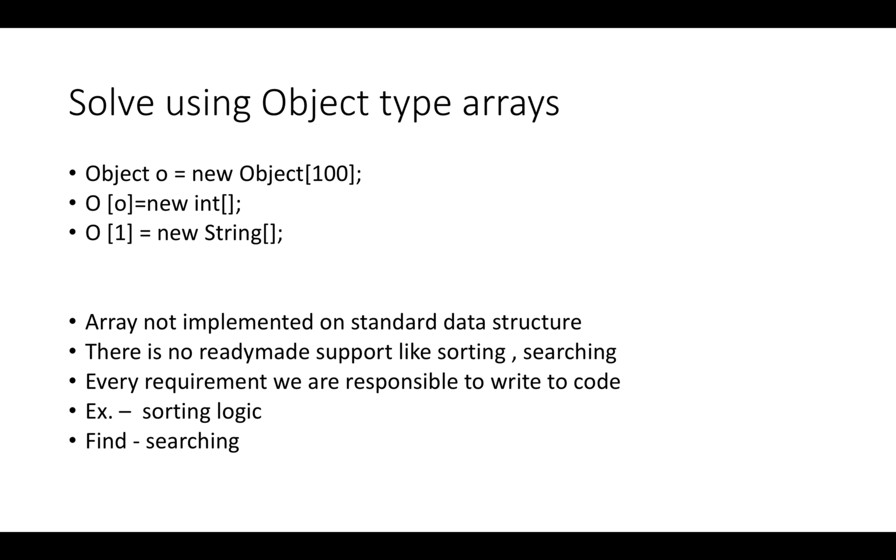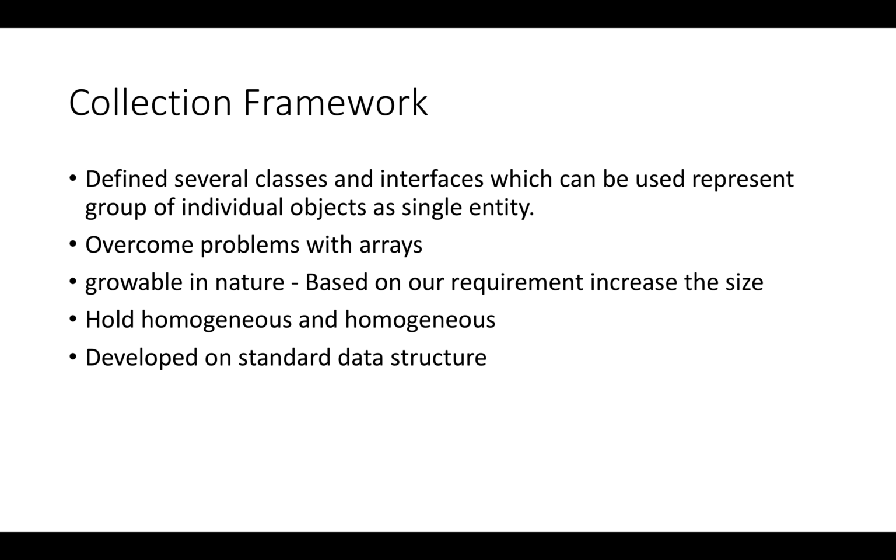So to overcome all these problems, we are using the collection framework. In the collection framework, arrays are defined with growable size. So if your requirement in the future is going to increase, we can easily go for a collection framework. And using collections, we can hold homogeneous and heterogeneous data.